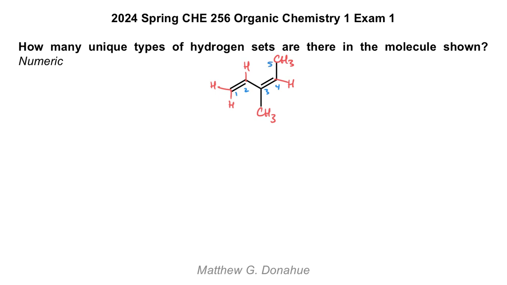So this is going to be 1, 2, 3, 4, 5, and 6. So 6 unique sets. And again, the difference is these here are cis, and then these here are trans. So those hydrogens on carbon 1 are different, so they're counted as a unique set.